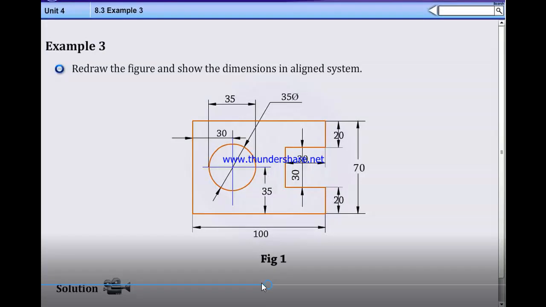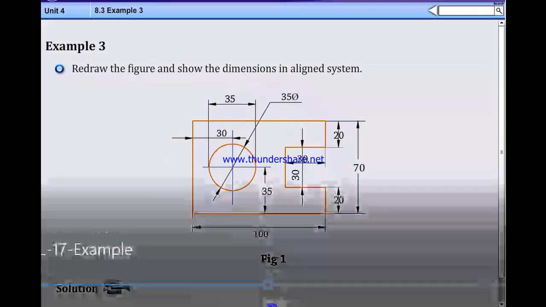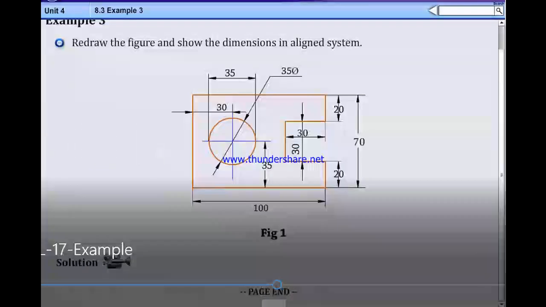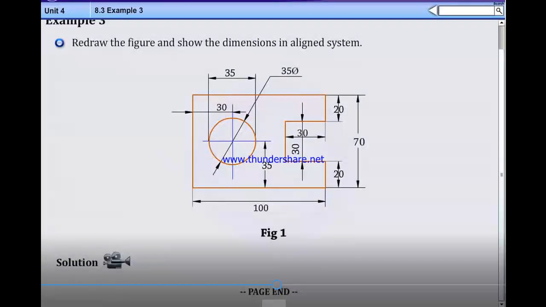As in the previous one, we have to learn how the aligned system of dimensions should be placed. In this figure, it is not the correct way of representation, as in the previous one.